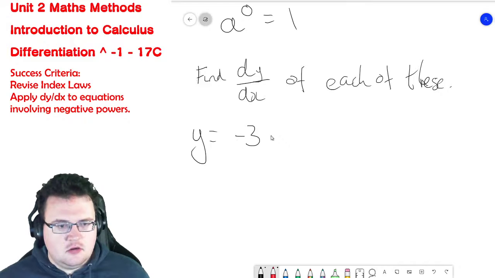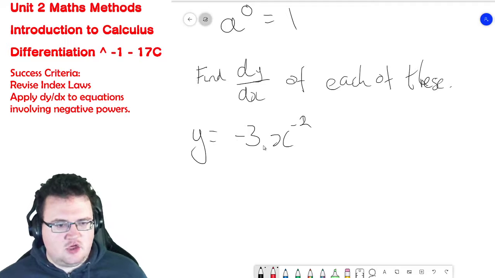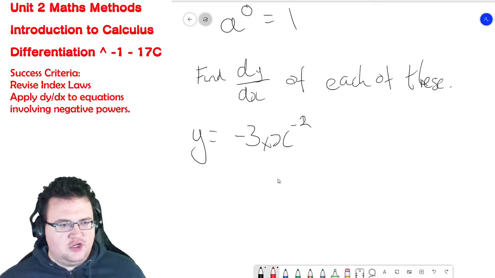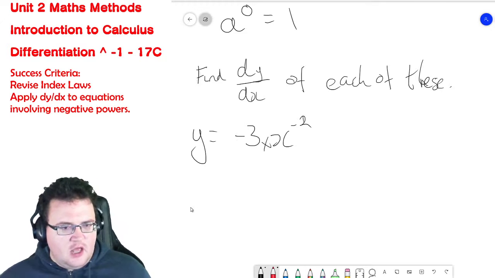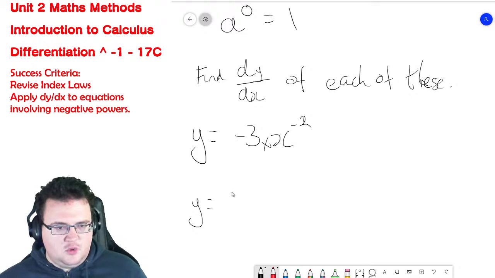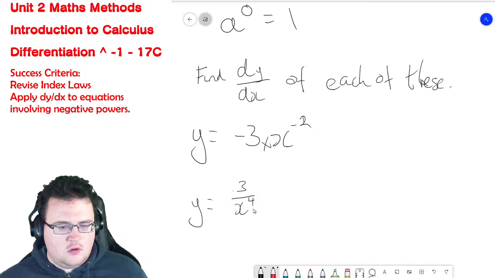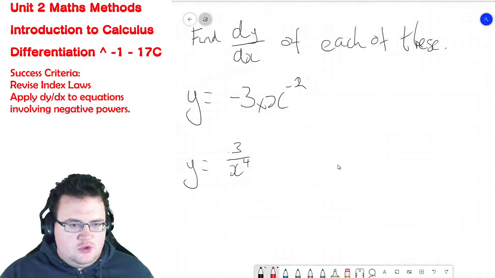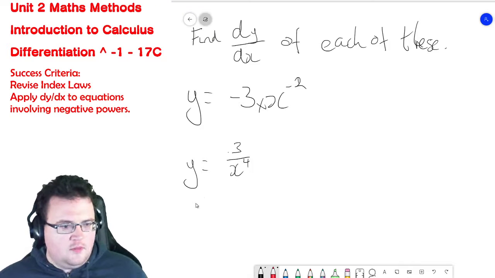-3 x to the power times x to the -2. So what is that differential? What is the differential of that one going to be? And then I'm going to write, I'm going to do a couple more, and quickly do one more.